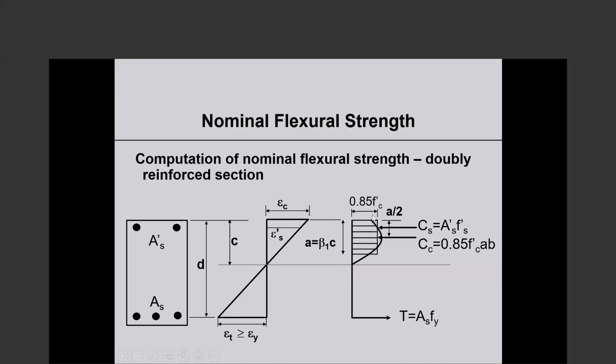The rectangular stress block is the same as before. This is the compression concrete force. This is the tensile steel force. Additionally, we now have a compressive steel force, which should be A sub s prime, the total area of the compression reinforcement, multiplied by the stress in the compression reinforcement, f sub s prime. That has to be determined.